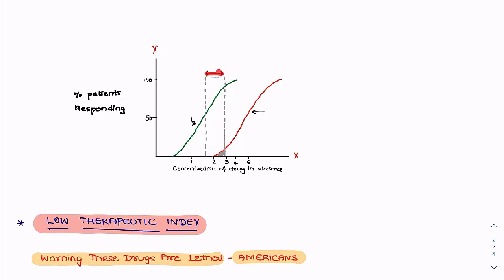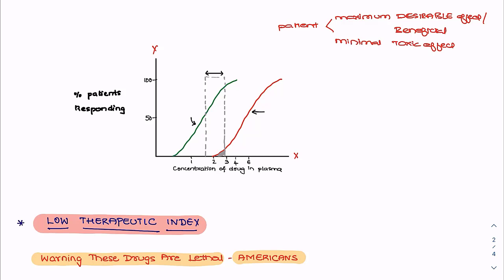This range at which the patient will have a maximum desirable effect, desirable meaning the beneficial effect, and the minimal toxic effect, is called the therapeutic window.